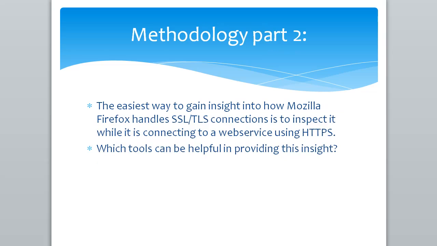So the easiest way to gain insight into how Mozilla Firefox handles secure connections is not to inspect the code, I feel, but rather to use analysis tools to inspect Firefox while it's connecting to a secure web service.